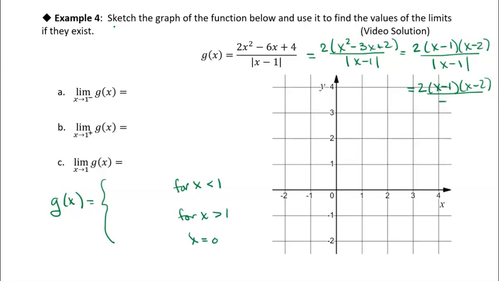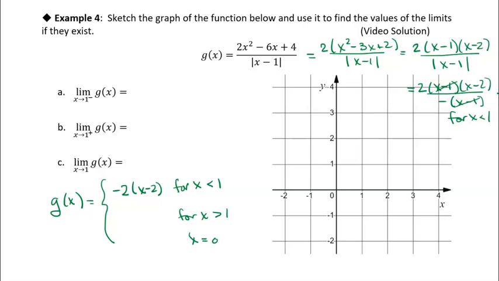So to change the sign of a negative, to make it positive, we're going to take the negative of a negative, and it'll look like this. This is the case for x less than 1. And then you can see we can just cancel the x minus 1 as long as x is not equal to 1, and we'll end up with negative 2 times x minus 2. So that's our formula for g of x as long as x is less than 1.